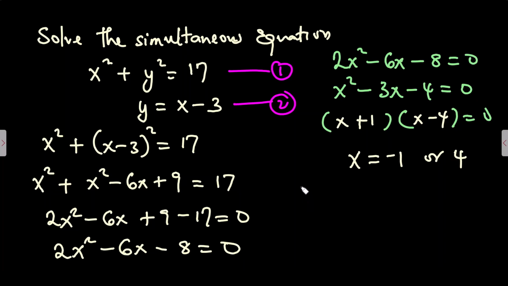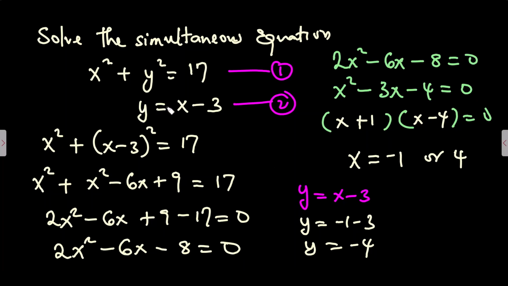The second equation begins with y equals x minus 3, and of course you know x is minus 1, so that's going to be minus 1 minus 3, which definitely gives you minus 4. And again, you want the corresponding value for 4.